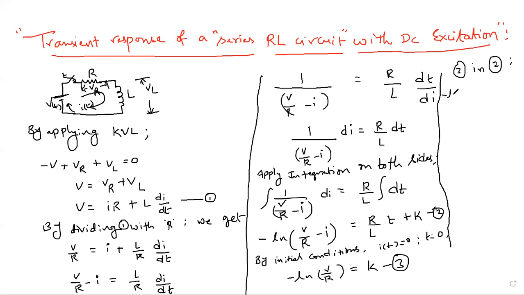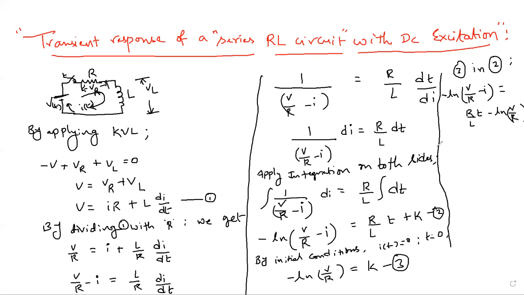So minus ln, tell me, V by R minus I, that equals R by L into T minus ln of V by R. Right? Now what is our intention? To calculate I of t, right? So that means we need to remove the logarithm on both sides.